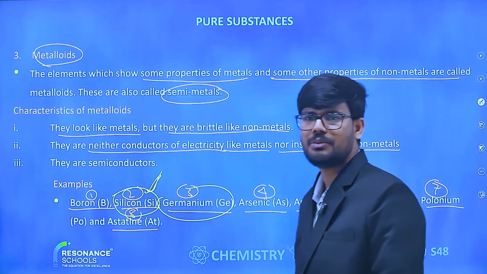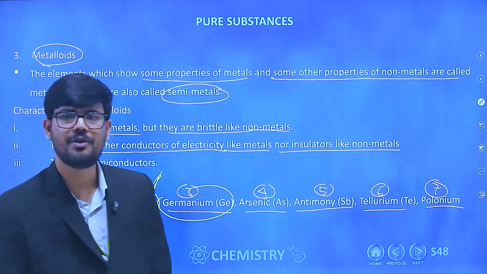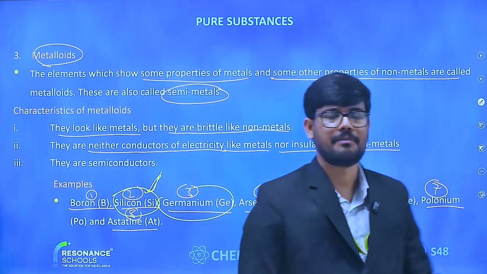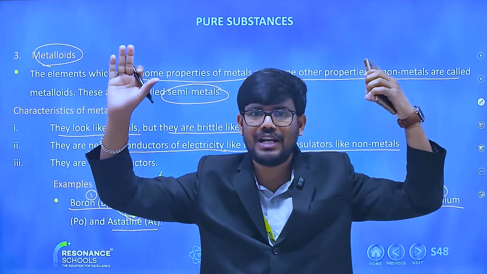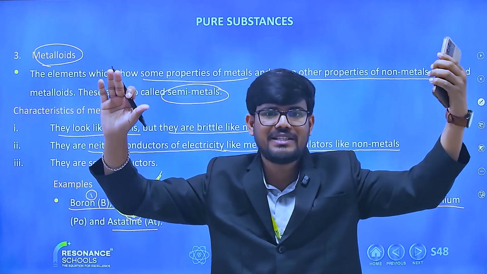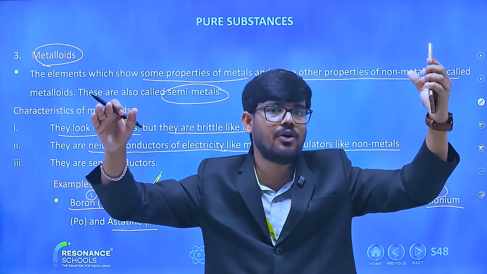Acha, someone is writing, Lohit: difference between metal and metalloid. See, always remember, metal and non-metal, these two are totally different things. Metal means it has metallic properties, like metallic sound. If you rub, you will get some sound.